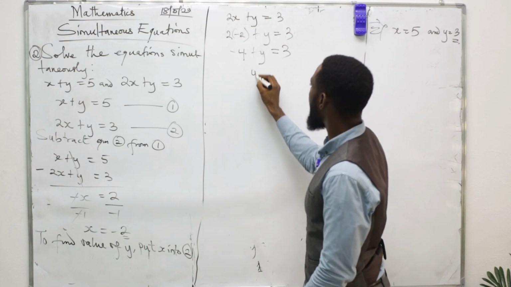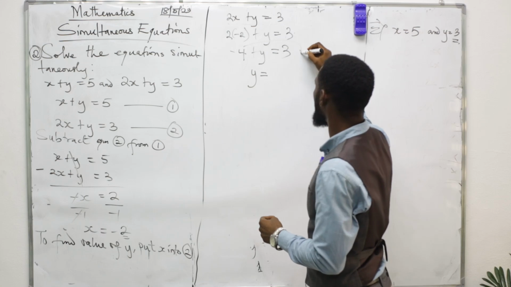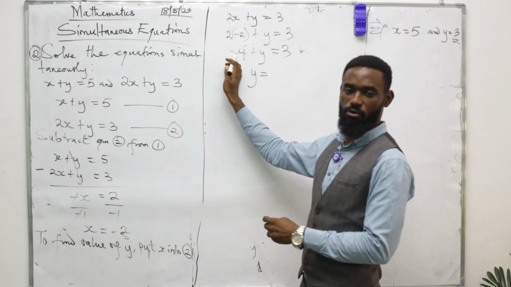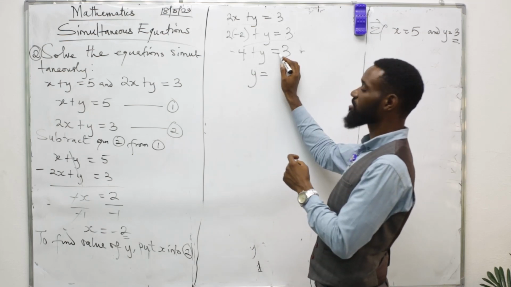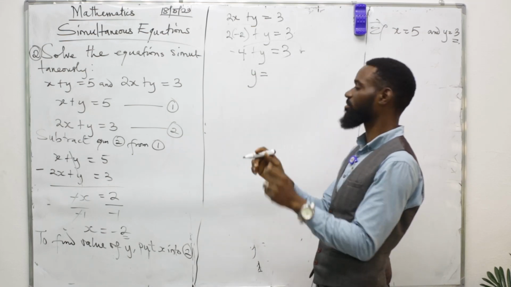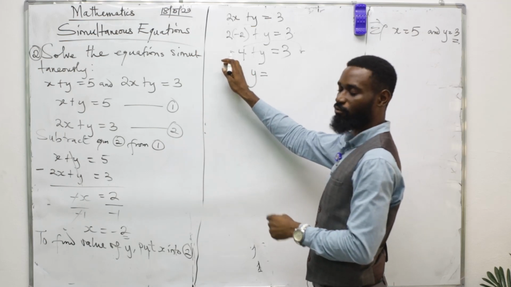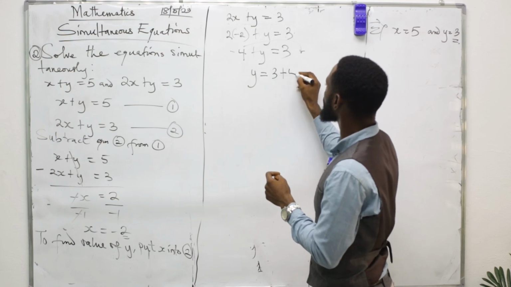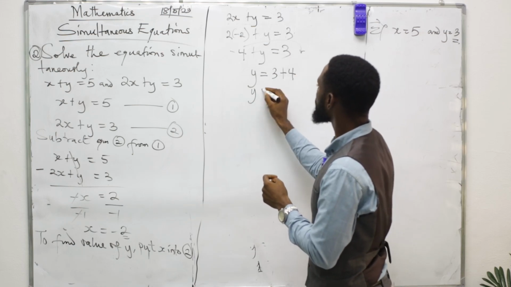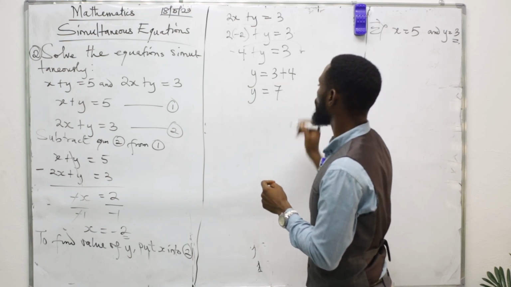So y is equal to, we are taking like terms now, let it come here. This has a negative sign at this point. Once it crosses this bridge here, it must drop something and exchange it for something. So this minus will change to plus. So this becomes 3, which is already here, plus 4. So y is equal to 7.